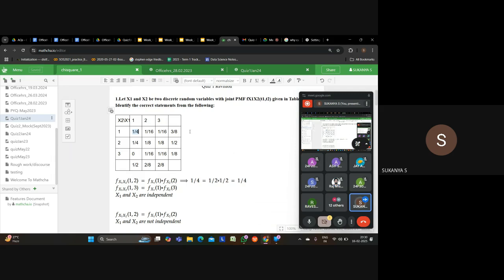There may be a few combinations which can actually satisfy this condition, joint equal to product of marginals. It is not necessary that it is wrong in all the cases. So if at all you have a question, you have to check for all the options, don't leave it as such. There may be cases where it is satisfied, there may be cases where it is not.